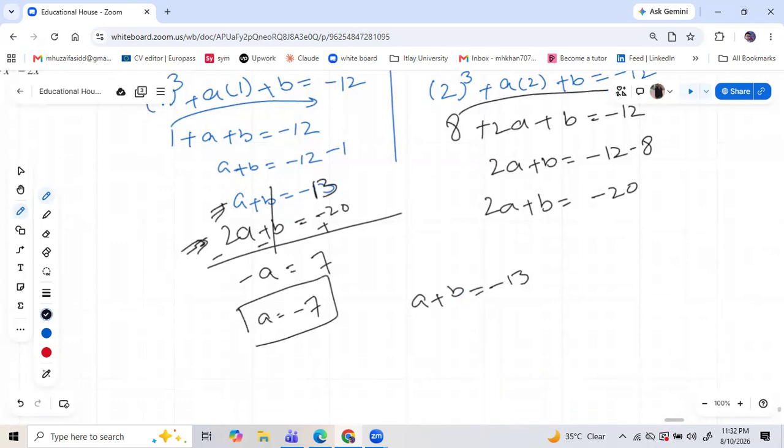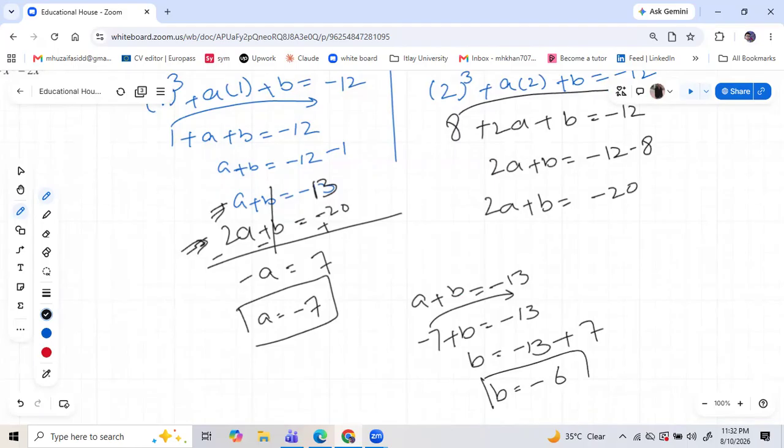So this is minus 7 plus b is equal to minus 13. So b is equal to minus 13, and minus 7 going to the other side is positive 7. So b is equal to what? This is minus 6. Can you got it? Yes.